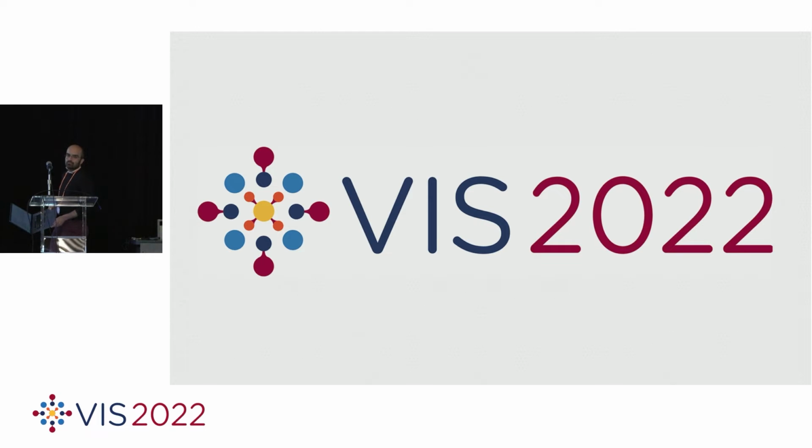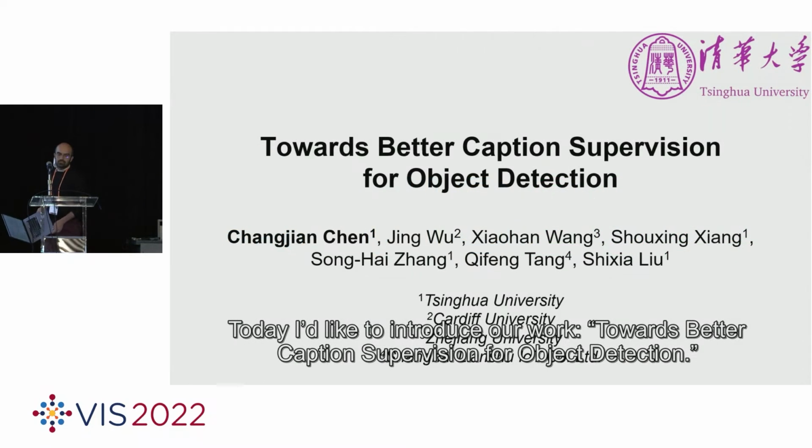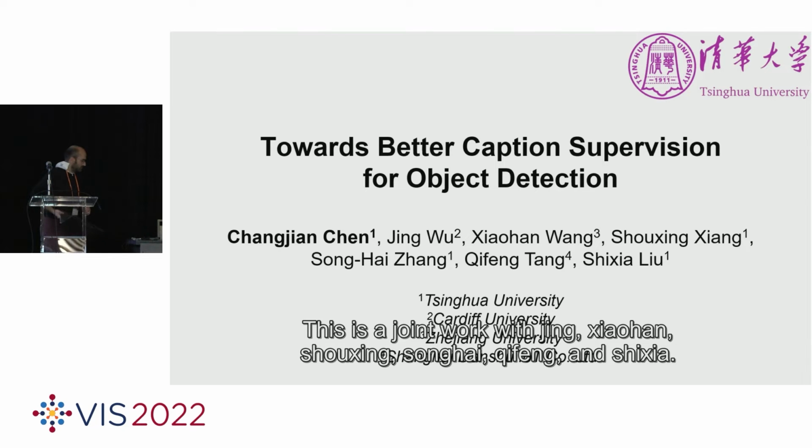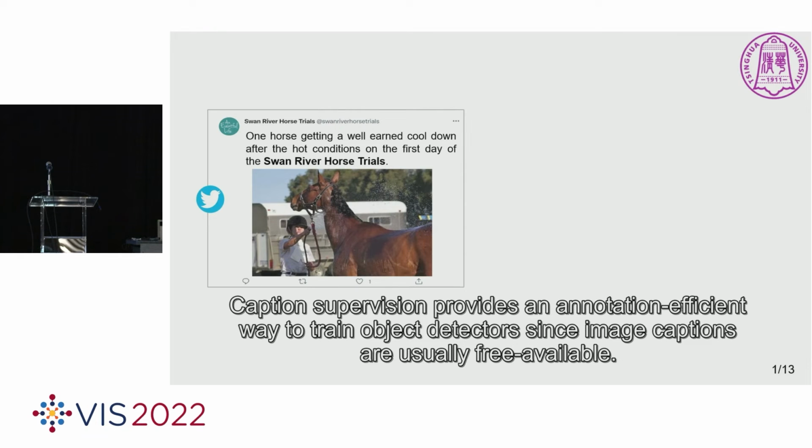Hello everyone, I'm Changjian Chen from Tsinghua University. Today I'd like to introduce our work, Toward Better Caption Supervision for Object Detection. Caption supervision provides an annotation-efficient way to train object detectors since image captions are usually freely available.